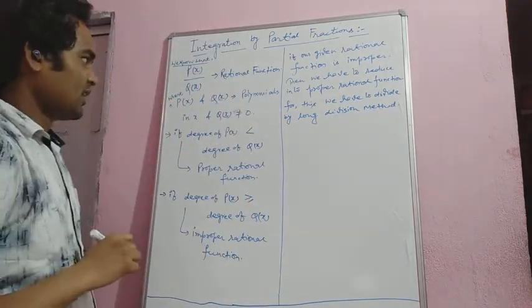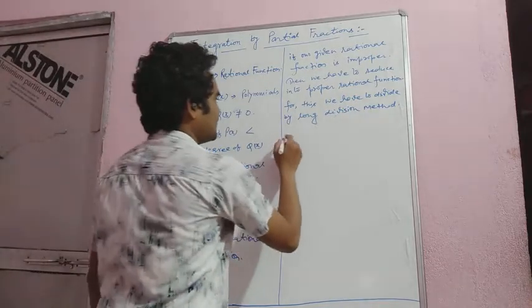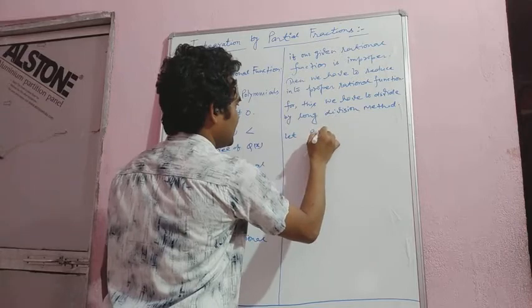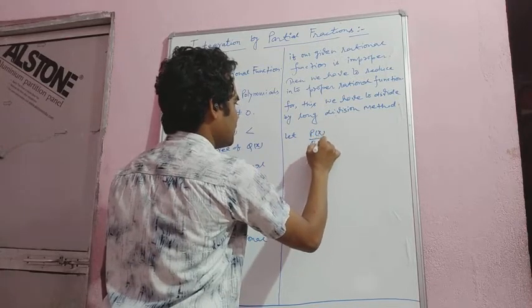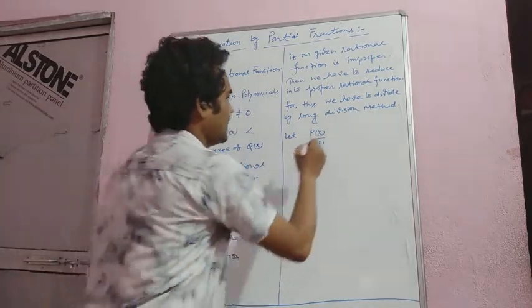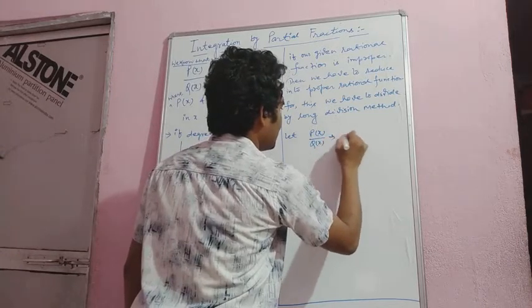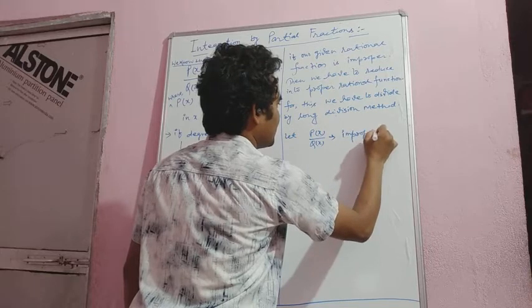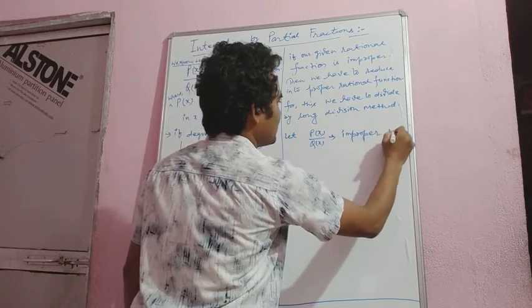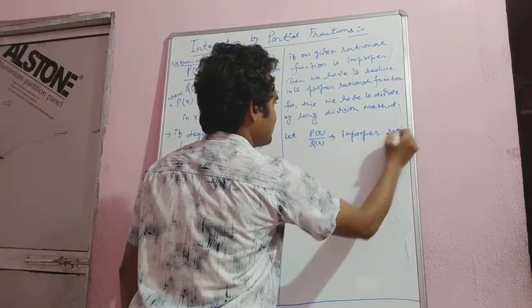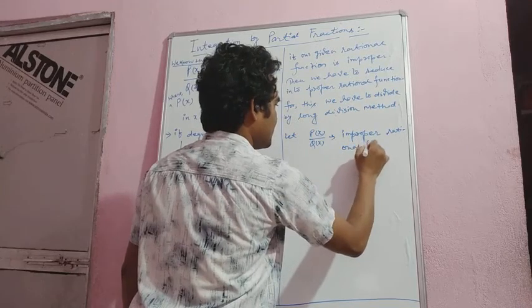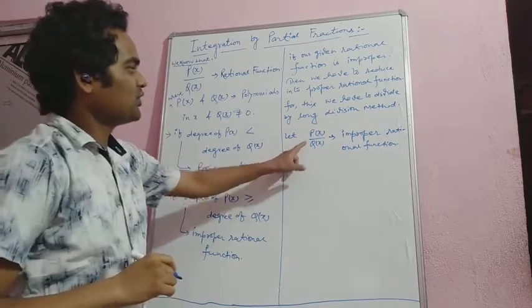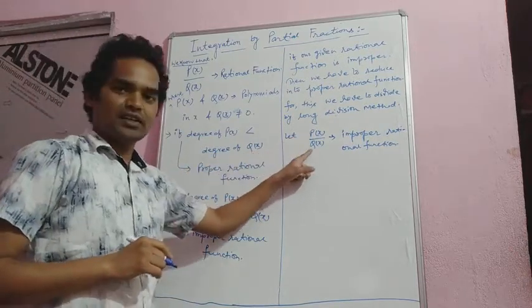So here students, let p(x) upon q(x) be an improper rational function. Then we have to divide p(x) by q(x).